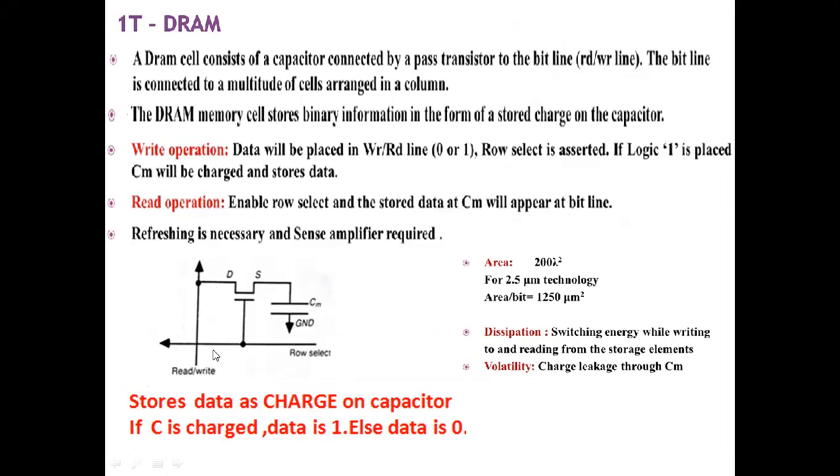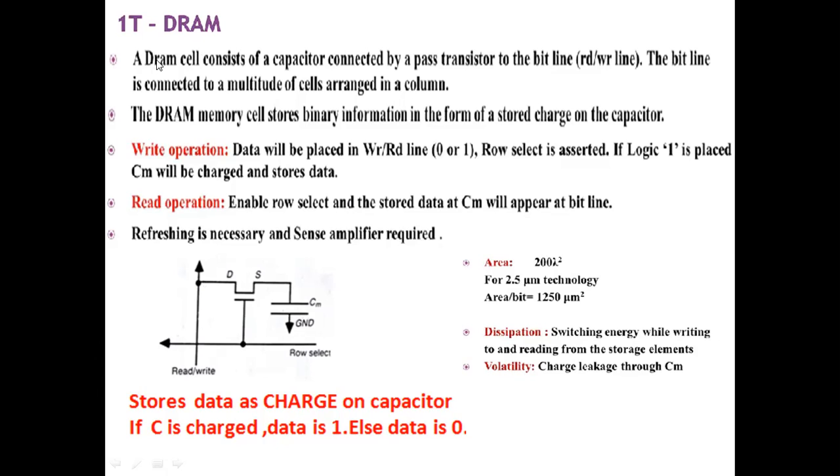In case of this 1 transistor DRAM cell, we use a capacitor. Suppose the capacitor is charged, then I can store the value of 1, and if the capacitor is discharged to the ground, that will store a value of 0. For this, we use 1 row select signal along with 1 read write control signal, and 1 NMOS transistor.